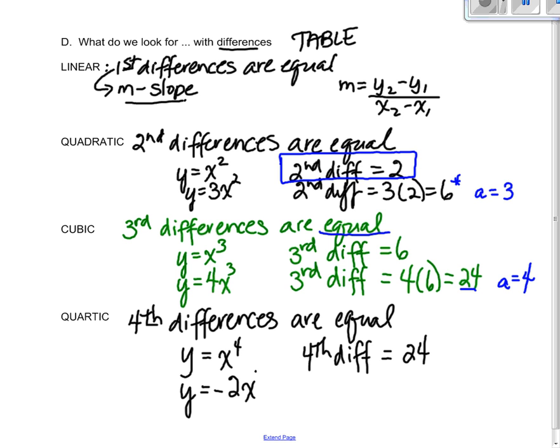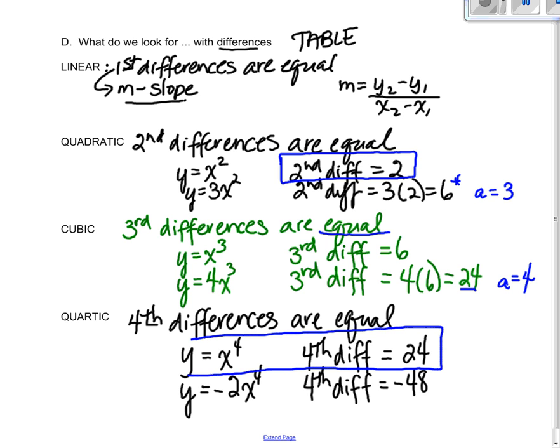If I have negative 2x to the fourth, then I should observe that my fourth differences are equal and equal to minus 48. So I can work backwards from my understanding of the differences to find my leading coefficient. Those would be interesting little facts to put down on your cheat sheet. It's something that could help you.